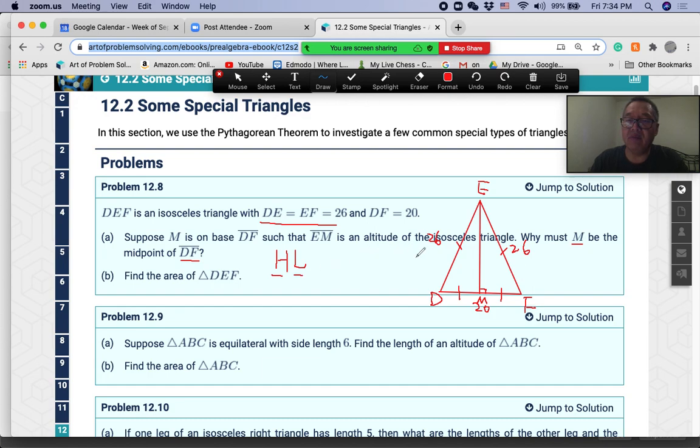So we get these two triangles are congruent, then DM equals MF because these two sides are corresponding sides, right?